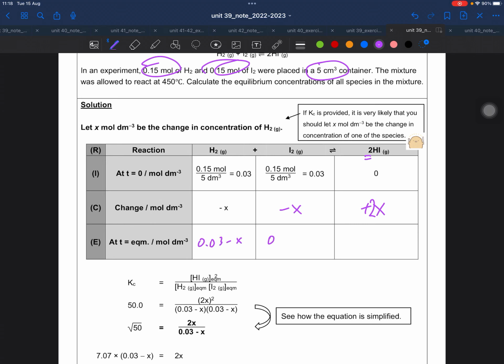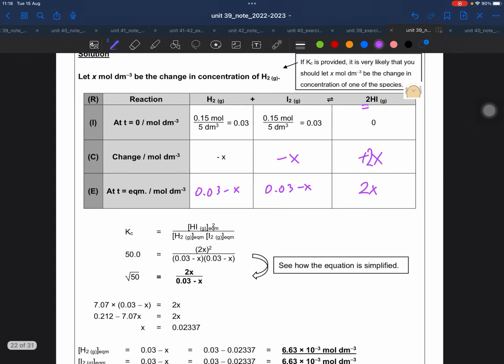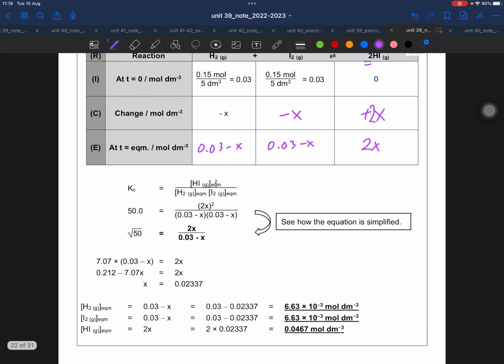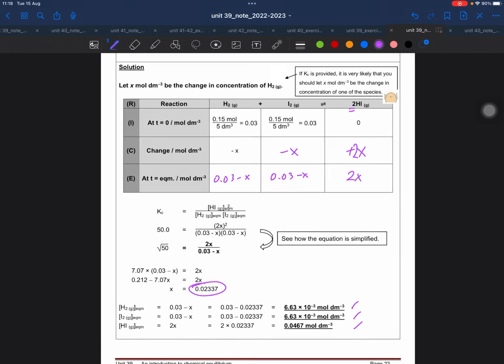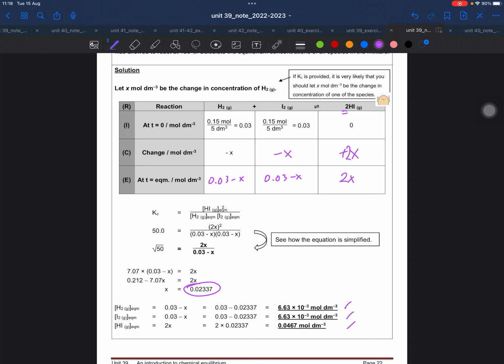So at the end it is 0.03 minus x, 0.8 minus x, and 2x. Then you do the same job as what you have done before. At the end you find the value of x is this one, so you can find all the concentrations by the value. Not so difficult, just be careful, trust me.